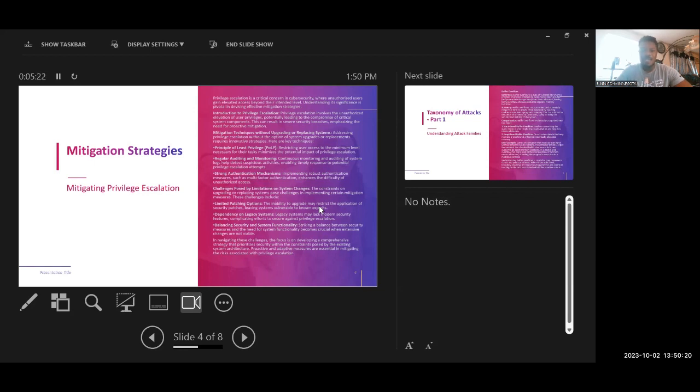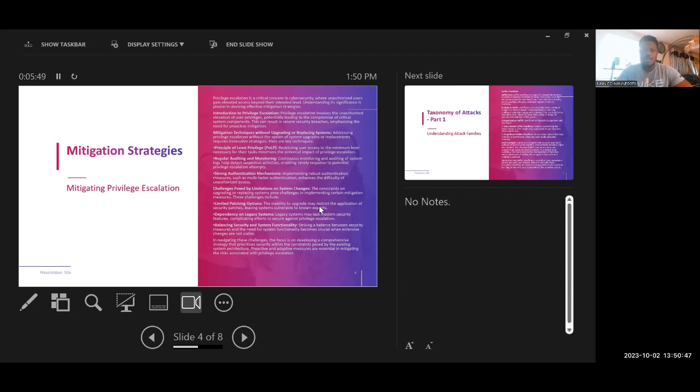Implementing robust authentication measures such as multi-factor authentication can be very useful. Now we all know what multi-factor authentication is. For those of you in the cloud environment, AWS uses multi-factor authentication, Azure uses multi-factor authentication, and that is very, very important to be able to mitigate most of these things in terms of deploying multi-layer security within your organization.